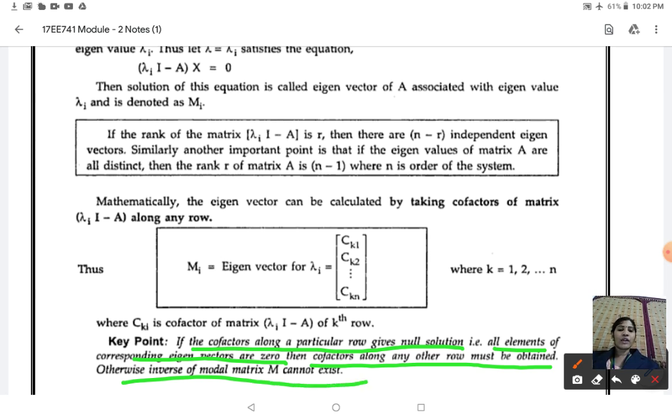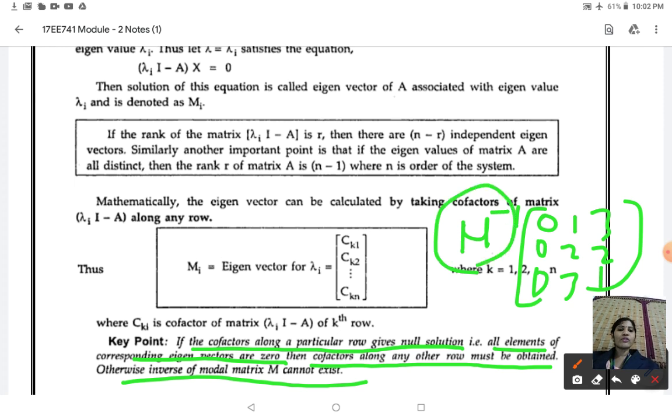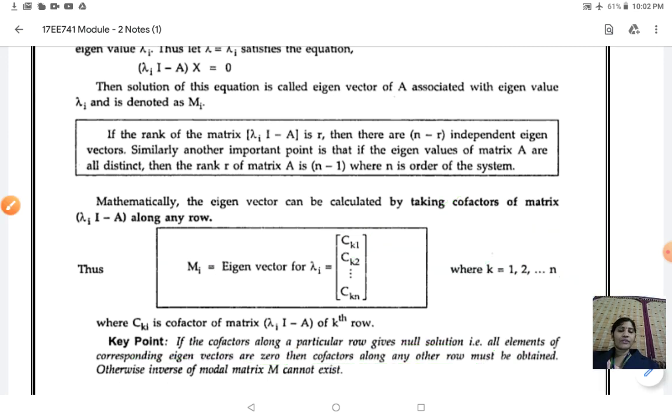Because when you want to identify your M inverse, if you have a null column, 0, 0, 0, with some values like 1, 2, 3, 3, 2, 1 in the others, it is not possible for us to identify the M inverse. Therefore, it is essential to use the other values of k in the cofactor matrix to identify your modal matrix.